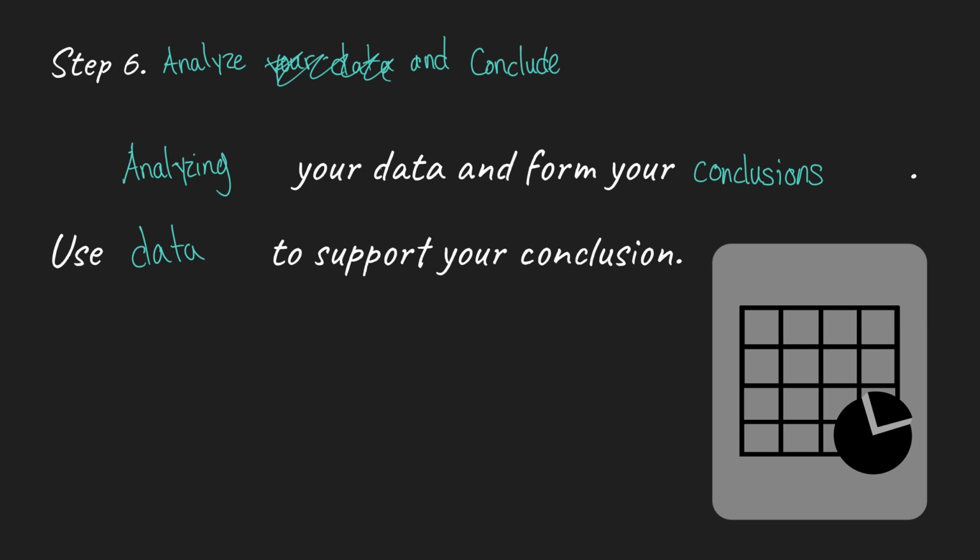If I just wrote the narrow plane went further, that might be true for your data, but that's not a very good conclusion. We wouldn't want to write it like this because I'm not using any data to support that conclusion.